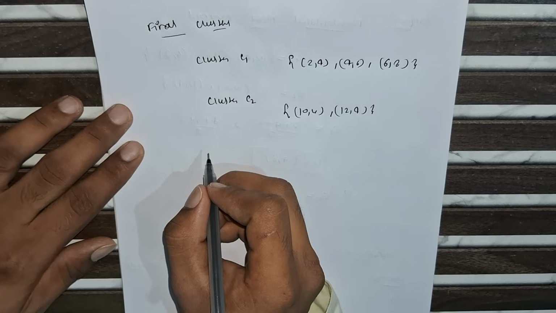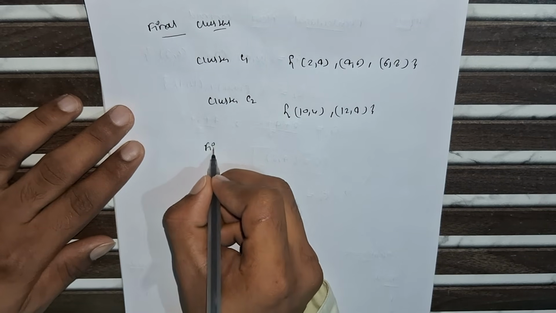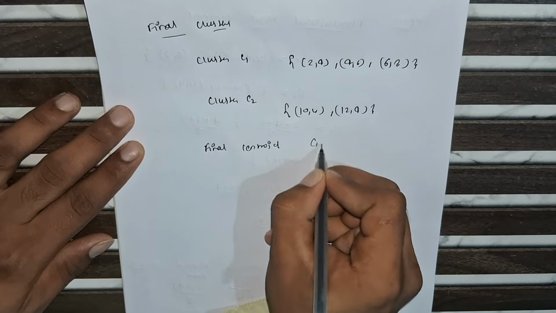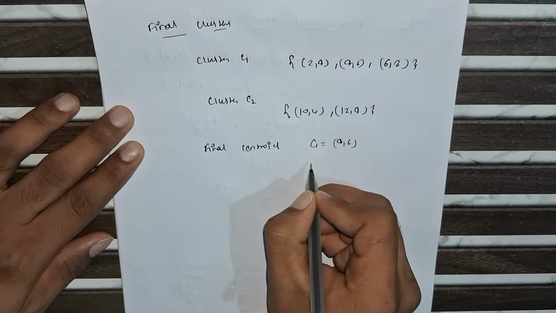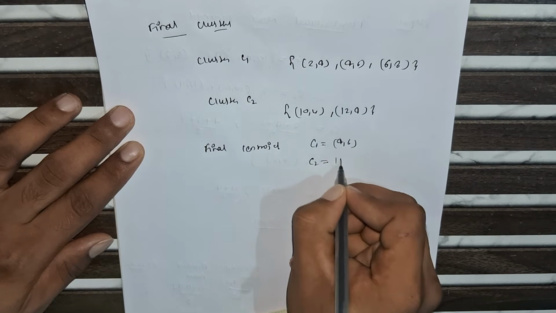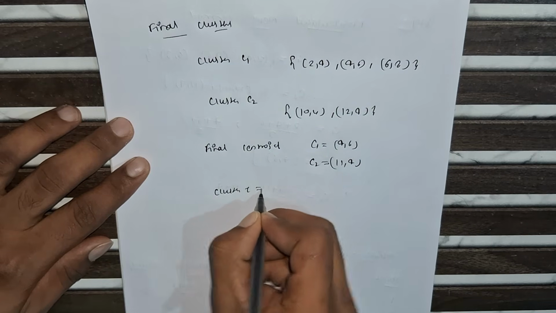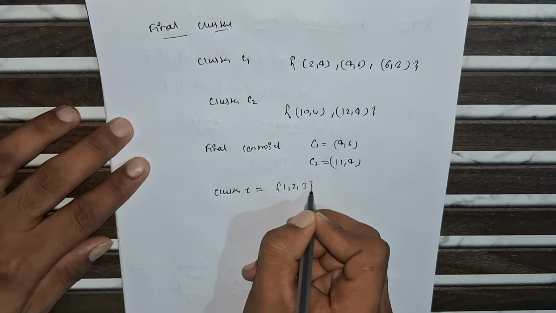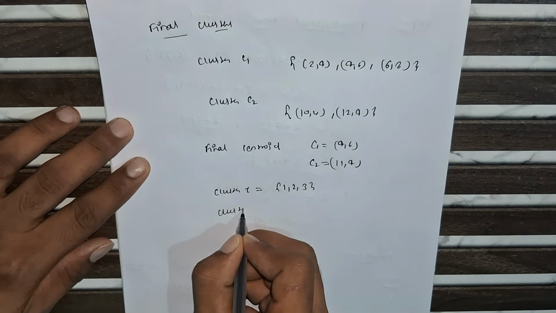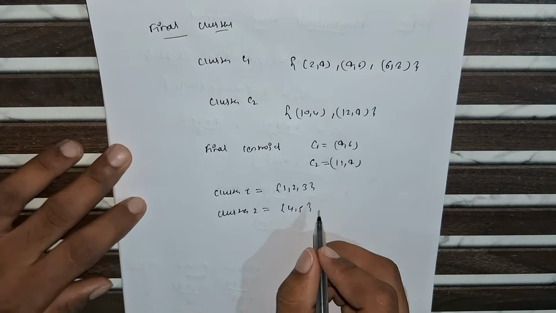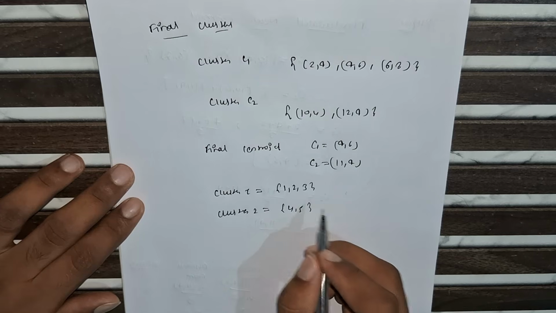So what are the final centroids? Final centroid C1 equals 4, 6, and C2 equals 11, 4. And our cluster 1 objects are 1, 2, 3, and cluster 2 objects are 4, 5. So we can clearly see that our clusters remain the same.